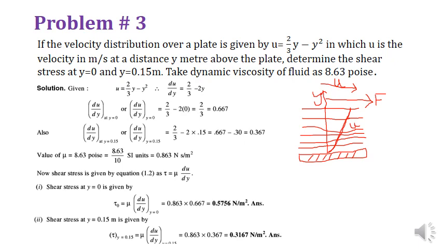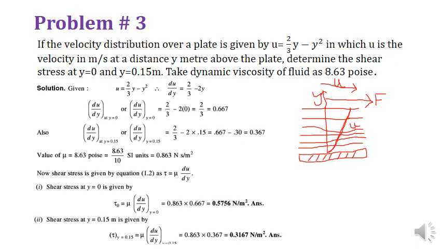So if y is considered along the y-axis and velocity along the x-axis, then with respect to change in the y distance starting from the boundary of the plate, what is the velocity variation? What is the velocity profile?